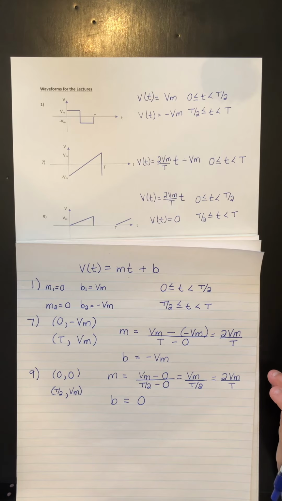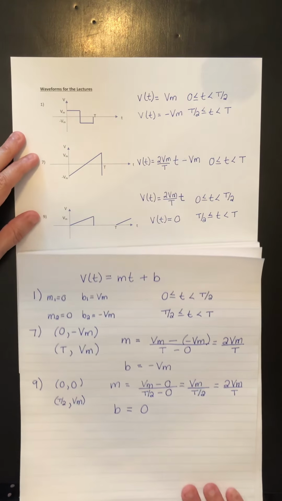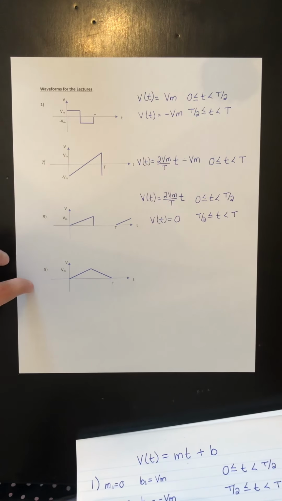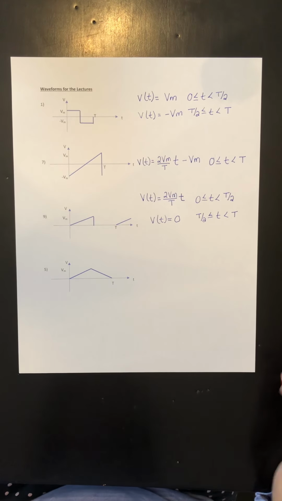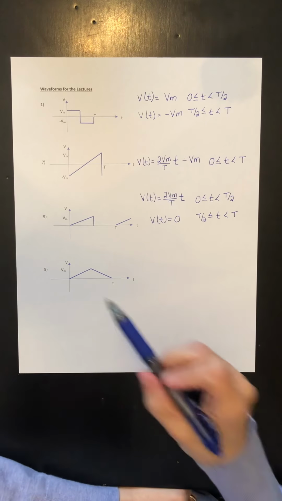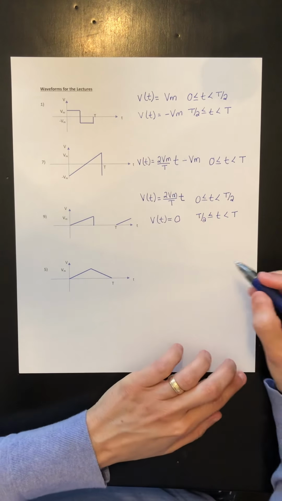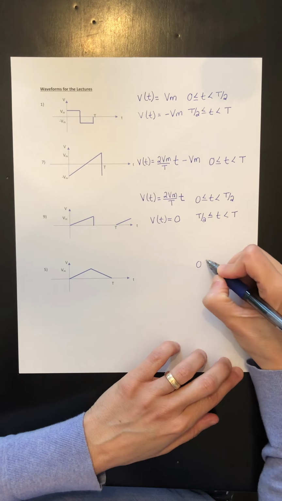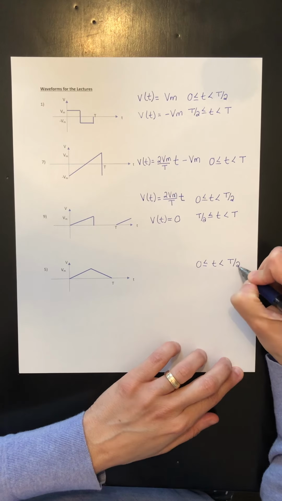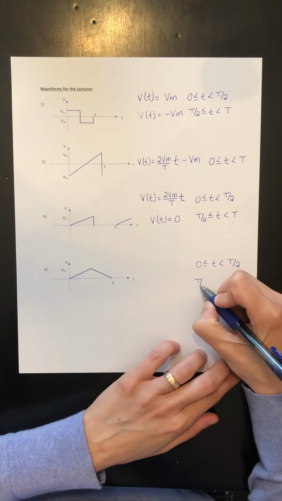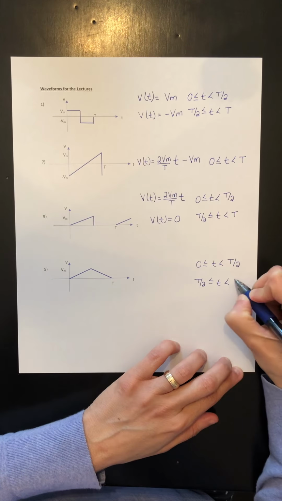Okay, we are going to do one more together. So let's have a look at the diagram. Here it is. So I'm hoping you can tell me that these are two different straight line pieces which will require us to handle our equations this way.